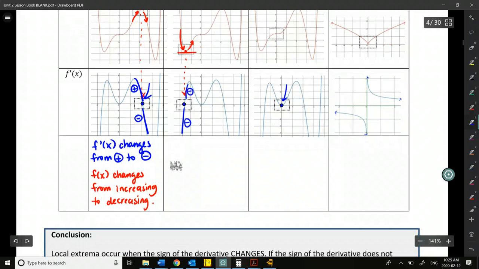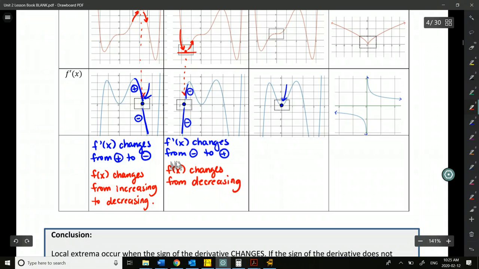So you'll notice that f prime at x changes from negative to positive. And that's because f at x changes from decreasing to increasing. Okay, and if we change from decreasing to increasing, that means we have a local min.